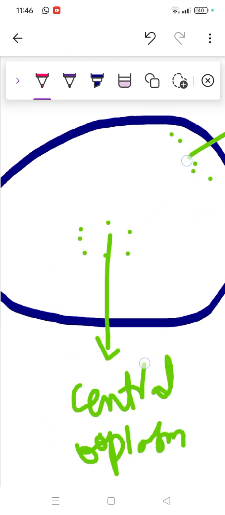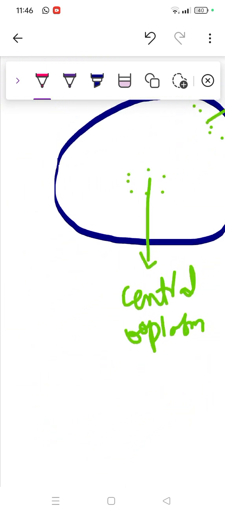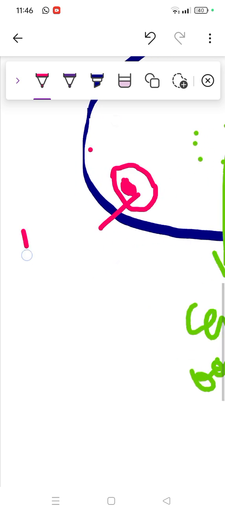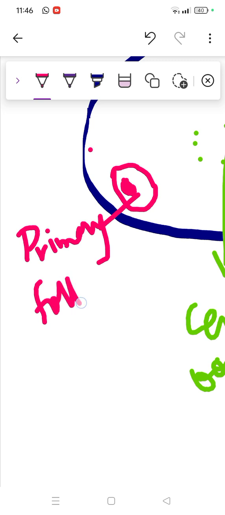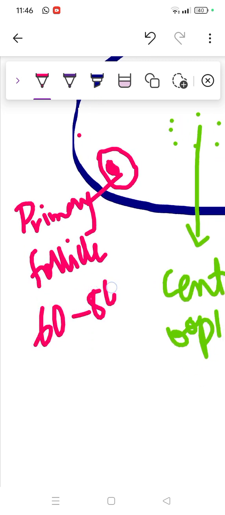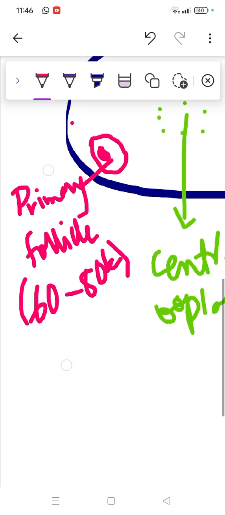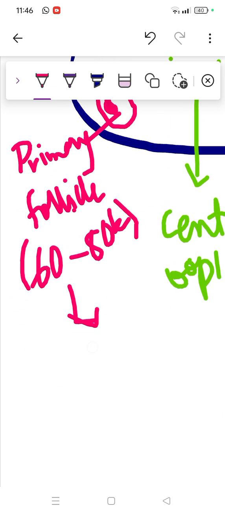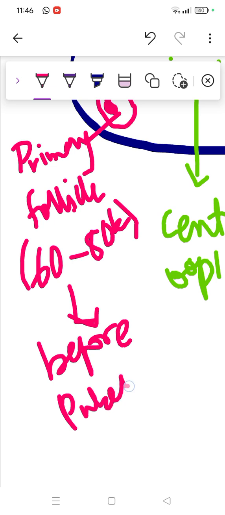First thing you will see is one kind of structure over here. This is the egg, as I mentioned. Then it gets covered by other parts; this is called the ovum. This one structure is called the primary follicle. These are around 60 to 80 thousand before puberty starts.